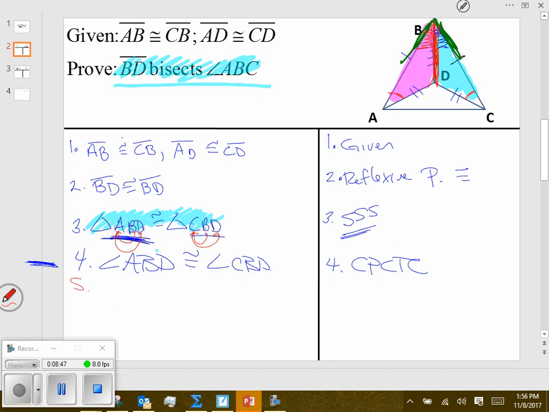A bisector. Okay? So we say BD bisects angle ABC. Or you can write that BD is an angle bisector. And I like saying BD is an angle bisector because I just classified it as something, right? I've just named it as something, okay?